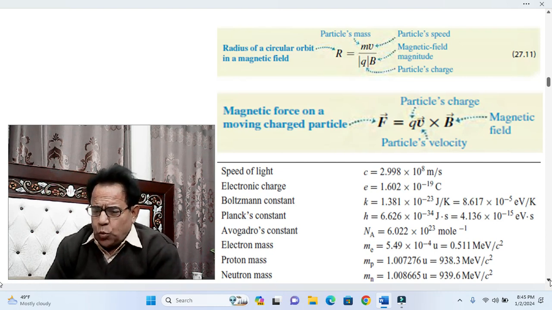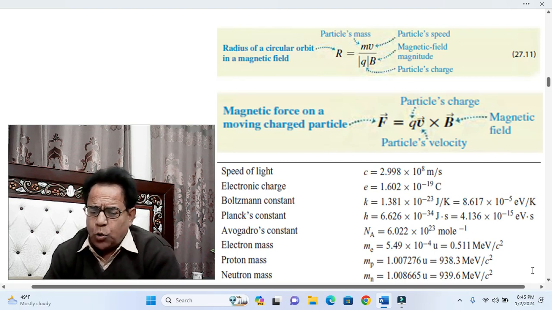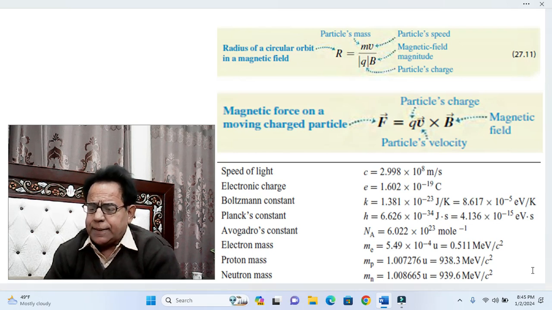R is equal to mv over the magnitude of q times B, where R is the radius of a circular orbit in a magnetic field, m is the particle mass, v is the particle's speed, q is the particle's charge, and B is the magnetic field magnitude.